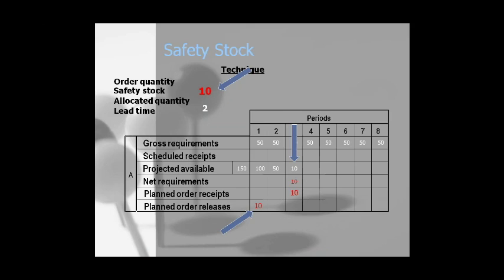In this same context, going forward, all of those remaining planned order receipts and releases that we had, because of the safety stock, would get moved up one period earlier because safety stock triggered the resupply earlier than normal.